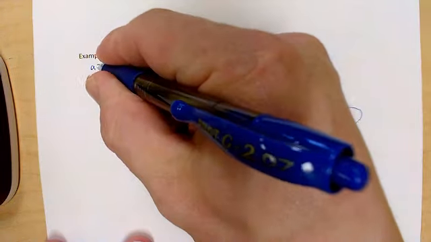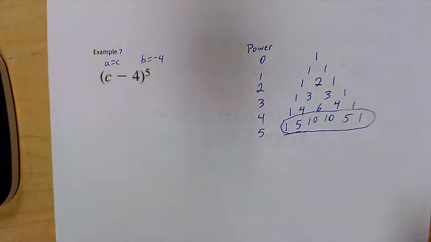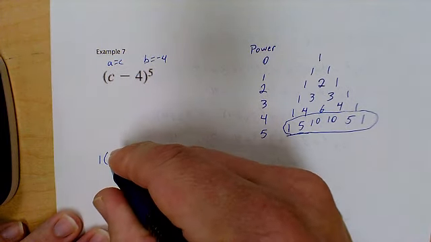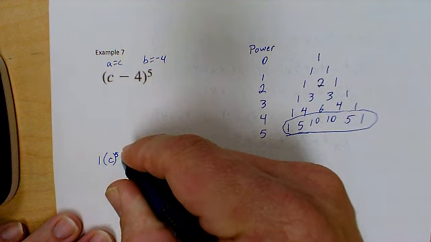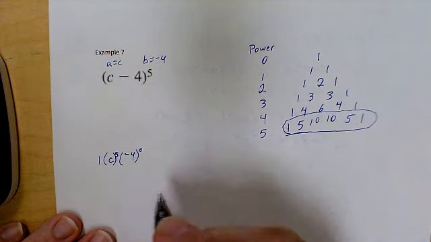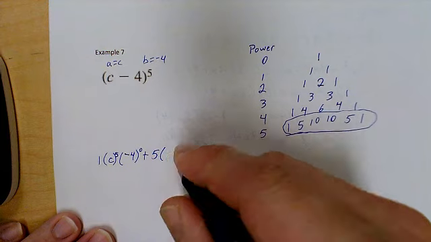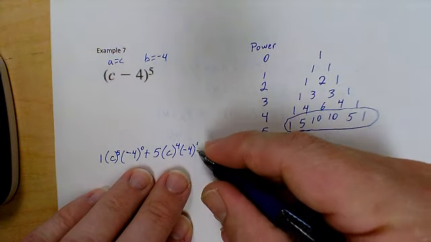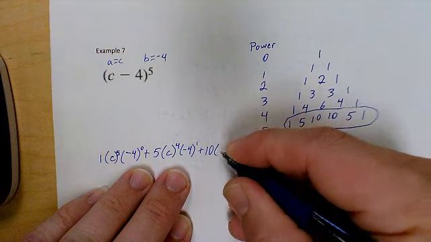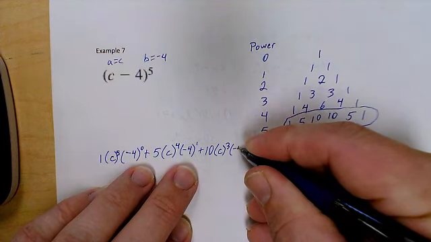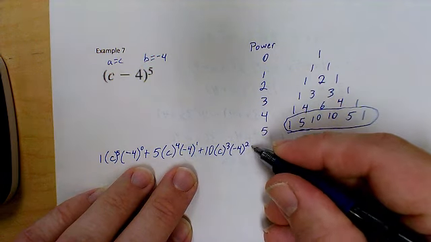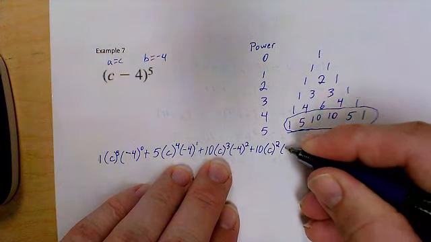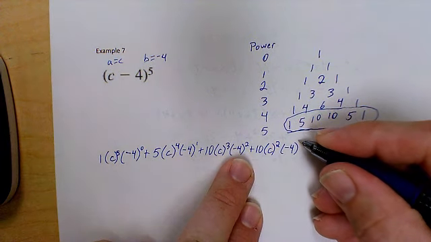Now my A term is C, my B term is -4. So let's go ahead and plug everything in. 1 from right here times C will be to the 5th power, and -4 will be to the 0 power, plus 5 times C to the 4th power, -4 to the 1st power, plus 10, C to the 3rd power, -4 to the 2nd power, plus 10 again, C to the 2nd power, -4 to the 3rd power.